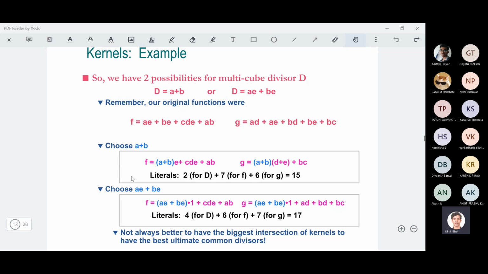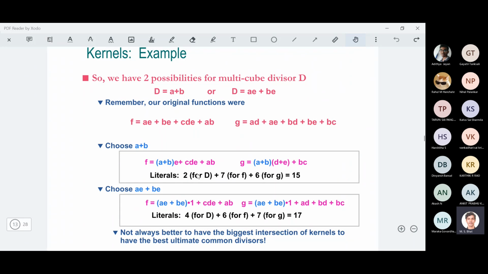Okay. Now you see the total number of literals. Here you have how many literals in functions F and G? You have 1, 2, 3, 4, 5, 6, 7, 8, 9, 10, 11, 12, 13, 14, 15, 16, 17, 18, 19. 19 literals. So the cost of implementing F and G is 19. Now, if I extract A plus B, then let us see the cost.